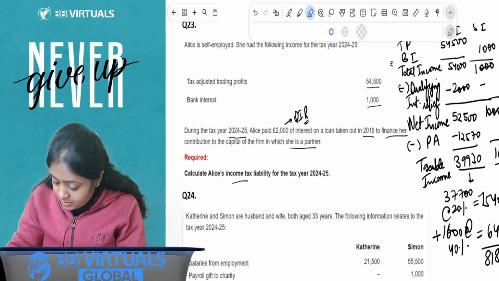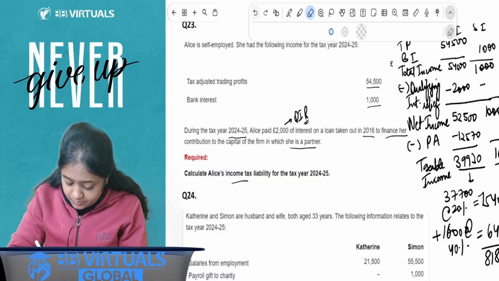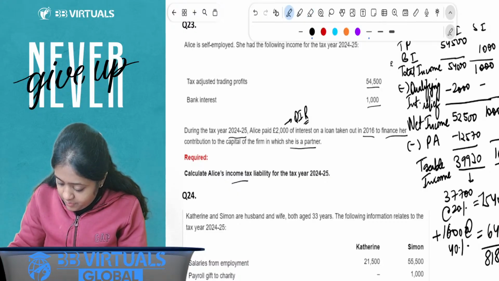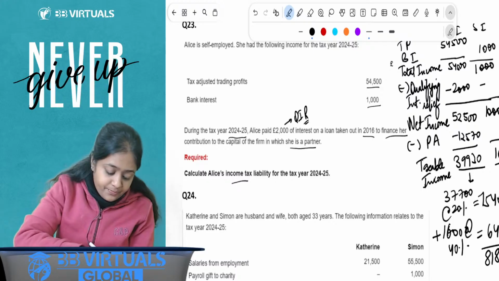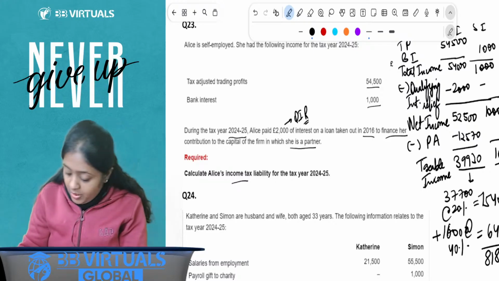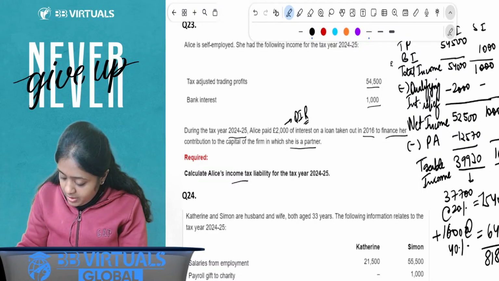So that means for this, 500 will be taxed at 0%, and the remaining 500 will be taxed at 40%. That will be 200. Okay, now you add it.